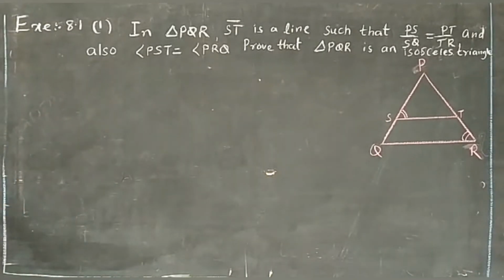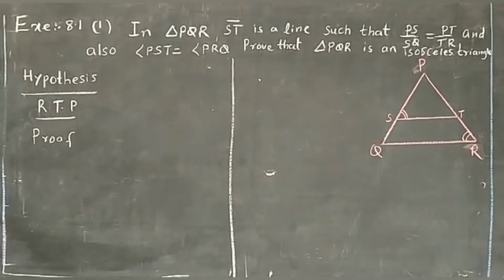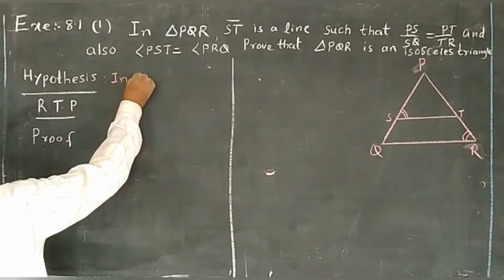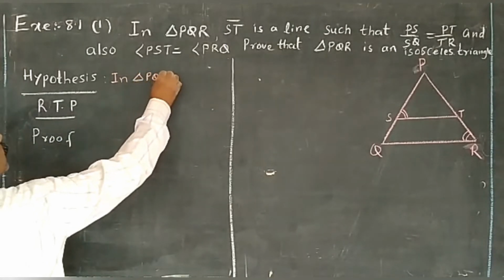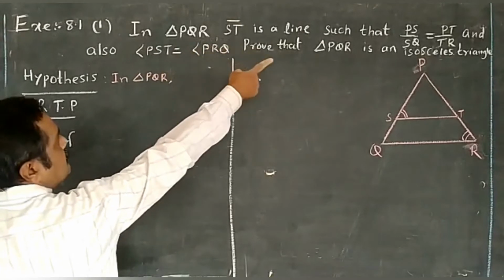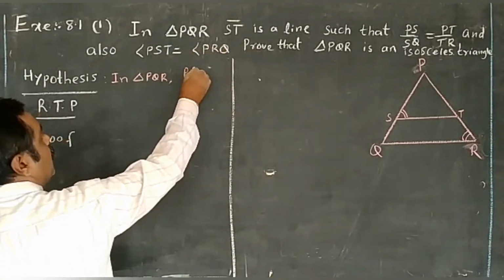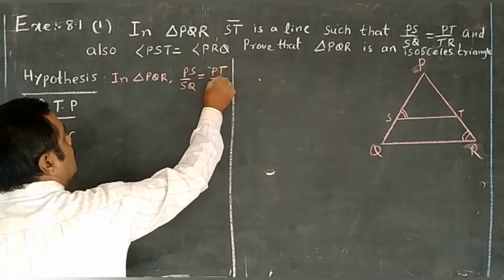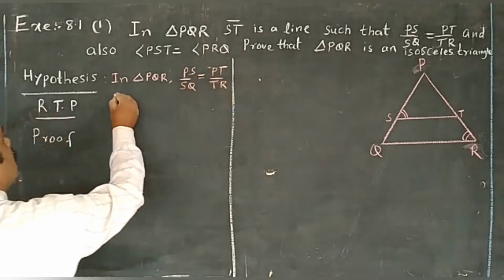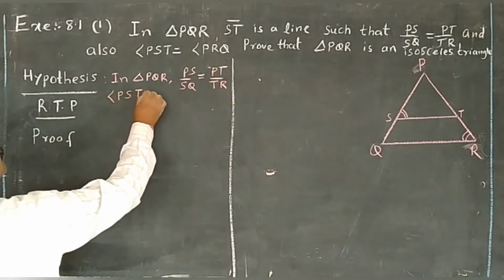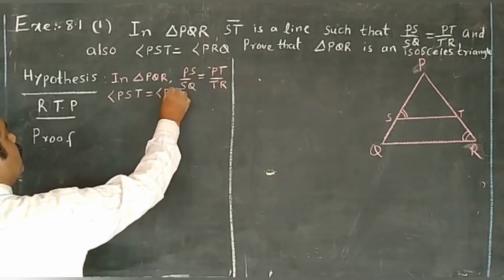Listen here. The hypothesis is: in triangle PQR, it is given that PS by SQ is equal to PT by PR, and one more condition is also given, sir, that is angle PST is equal to angle PRQ.